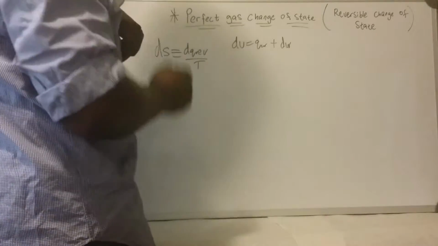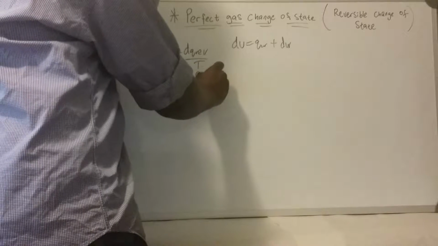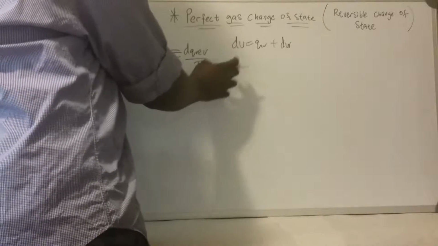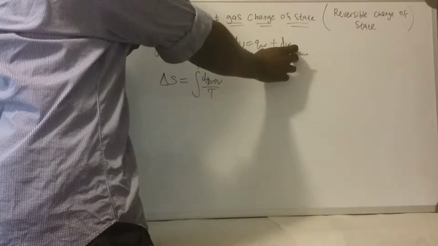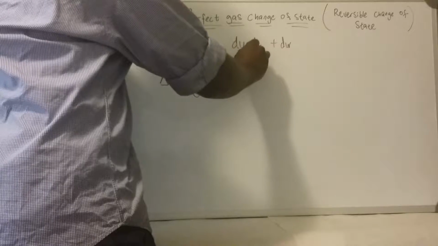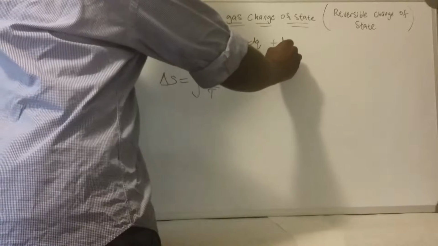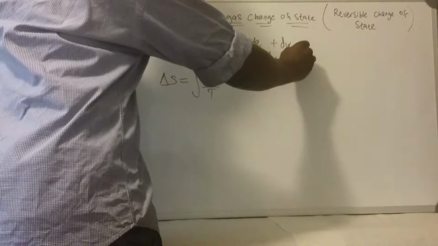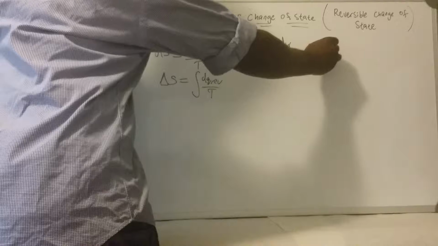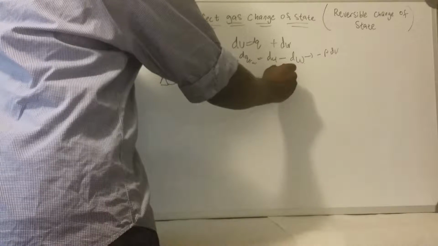Now I want to find delta S. We can write delta S is equal to the integral of dq reversible over T. Now we have to find dq reversible. Since we know dU equals dq plus dw, we can manipulate this. So you have dq reversible is equal to dU minus dw reversible. Now dw reversible is equal to minus P dV, and dU is equal to Cv dT.